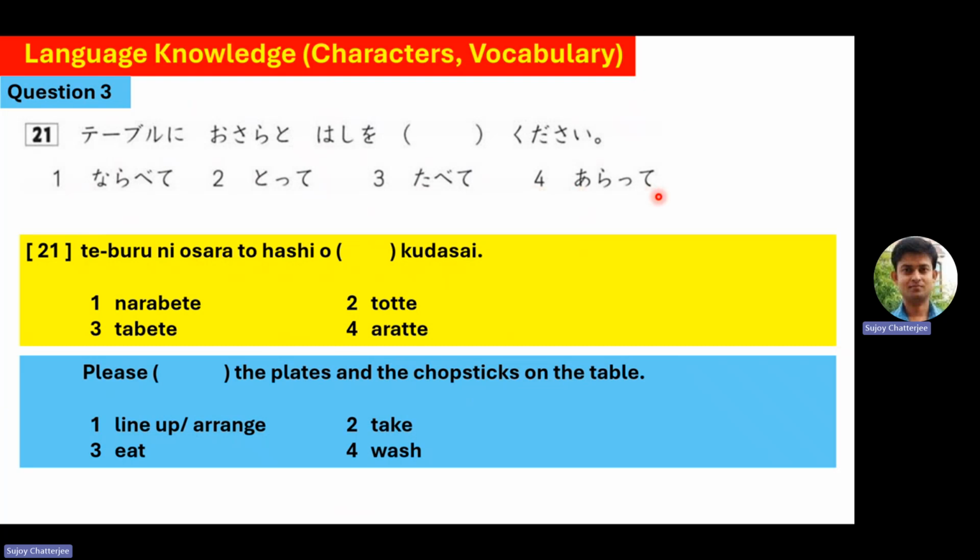Narabete means to line up or arrange. Totte is to take, tabete is eat, and aratte is to wash. So the answer will be narabete, which means please arrange the plates and the chopsticks on the table. So dinner or lunch will be served, and this is to get prepared for that.